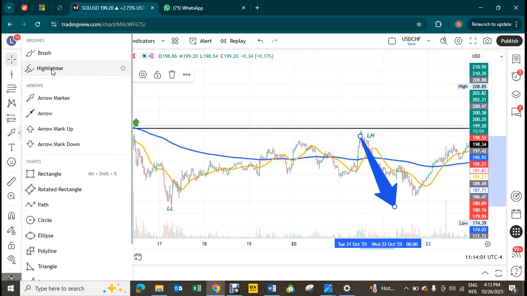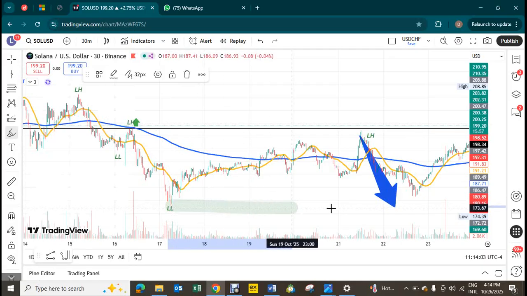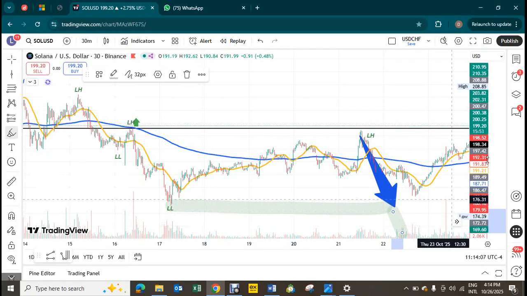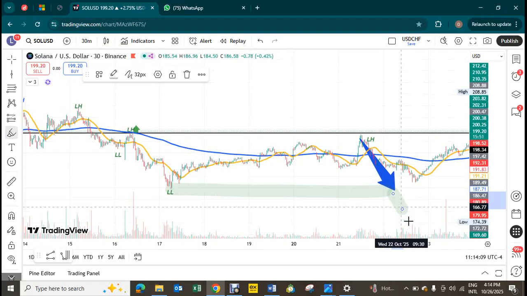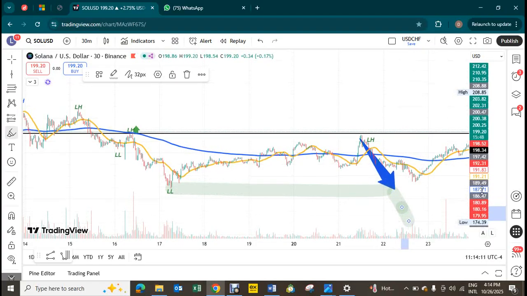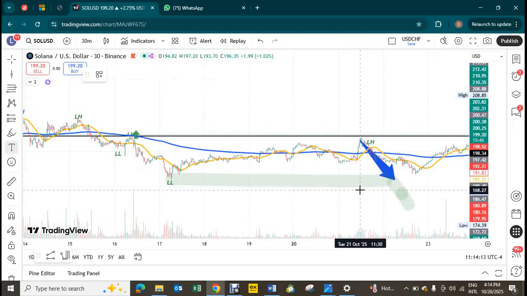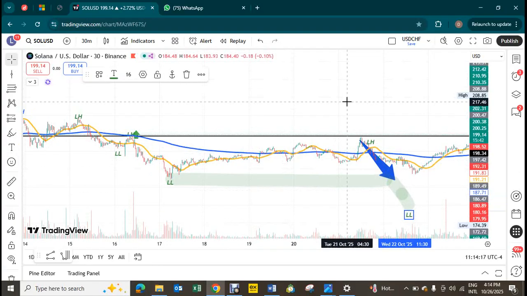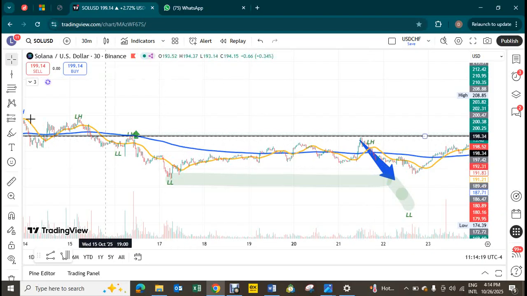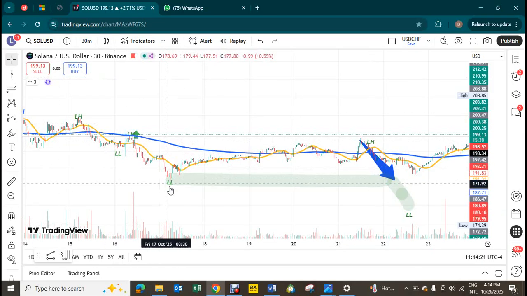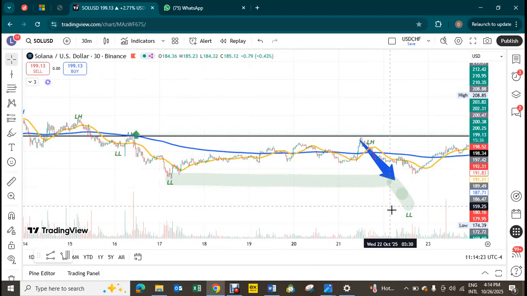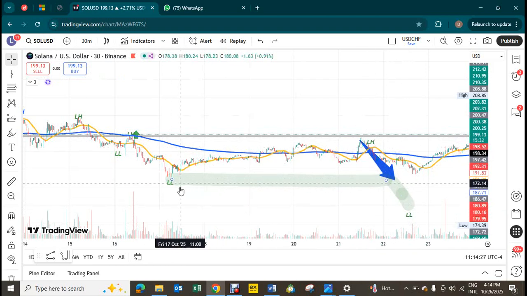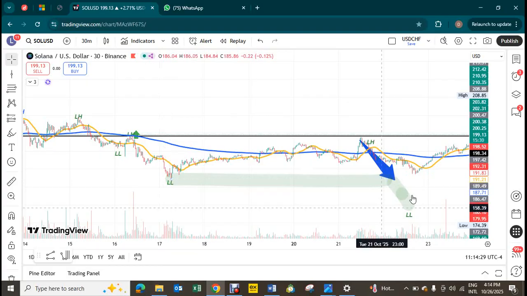We want to see price cross this level to give us a new LL. That is what we want to see, because we have lower high, lower low, lower high, lower low, lower high. We need to see a lower low, and before a lower low can be seen, we need to see price come down and pass the previous LL, which is this, to give us a lower low.